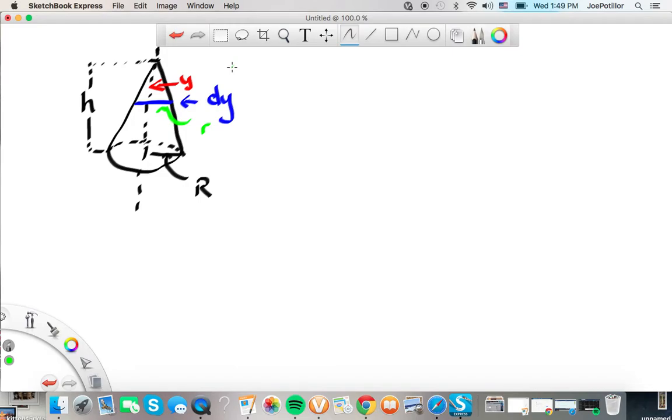And so, via similarity, we can show the following to be true. You can see similar triangles are being formed. You have two parallel lines, and we can talk about how that is related. But it's something like this: y to r is proportionate to, of course, h over big R. We'll come back to why I stated that proportionality later.